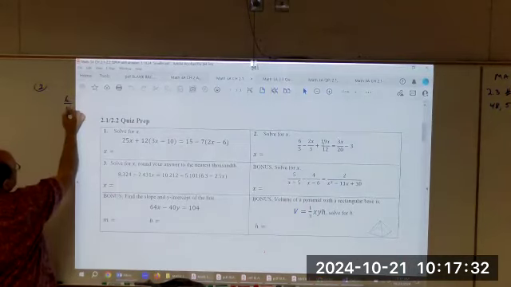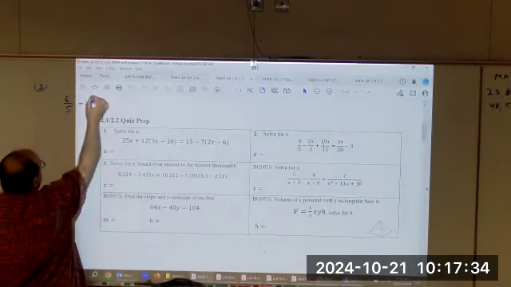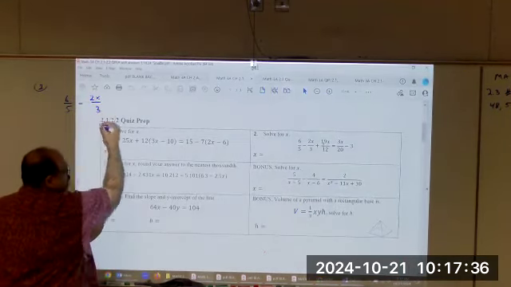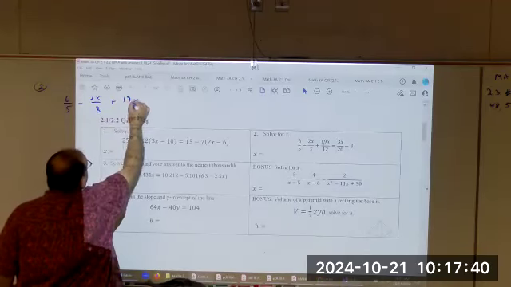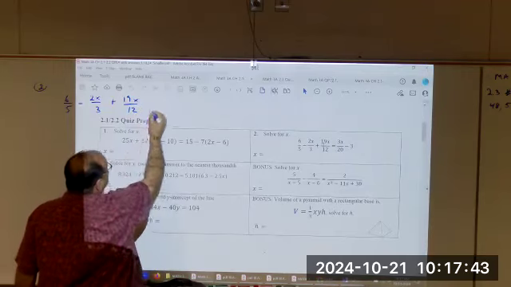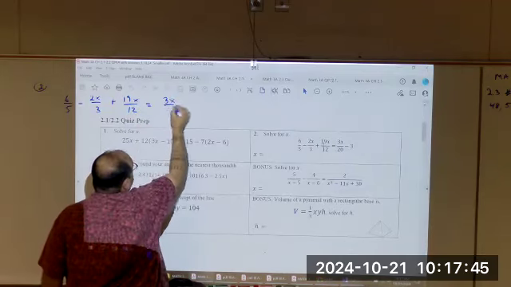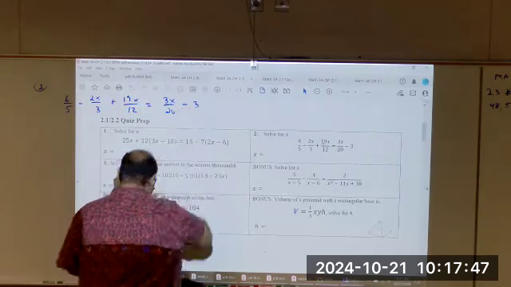Number 2: 6 over 5 minus 2x over 3 plus 19x over 12 equals 3x over 20 minus 3.